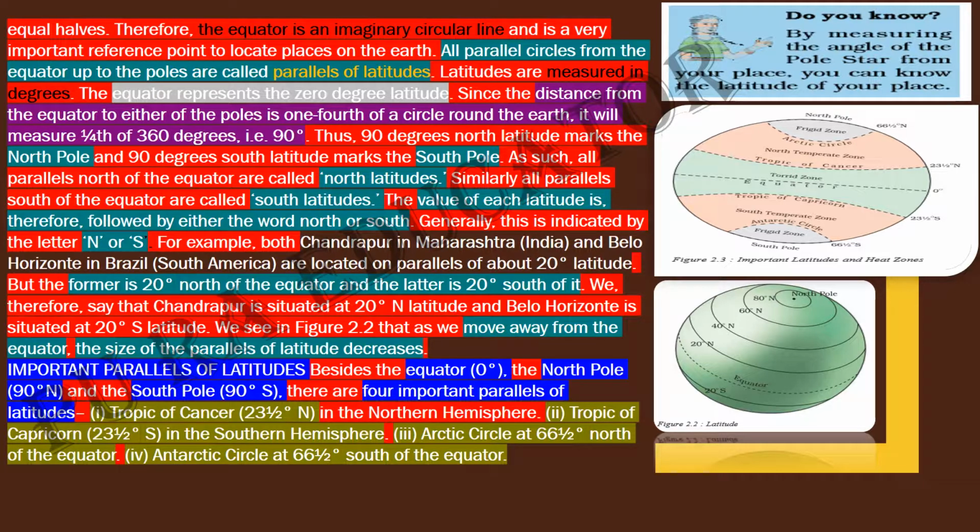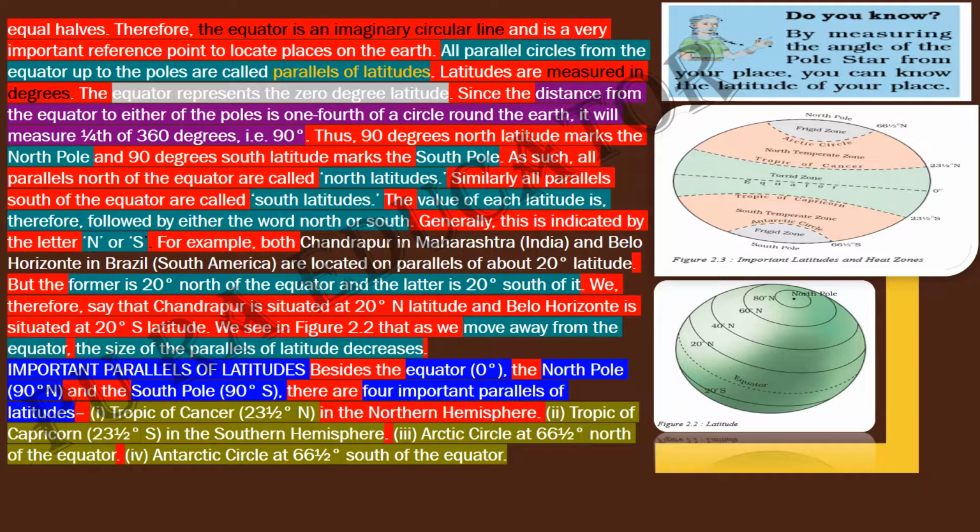It is 0 degree latitude. Since the distance from the Earth to either pole is 1/4 of the circle around the Earth, it will be measured as 1/4 of 360 degrees, that is 90 degrees, because the Earth rotates around 360 degrees.